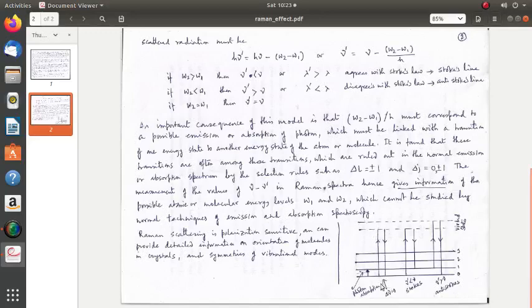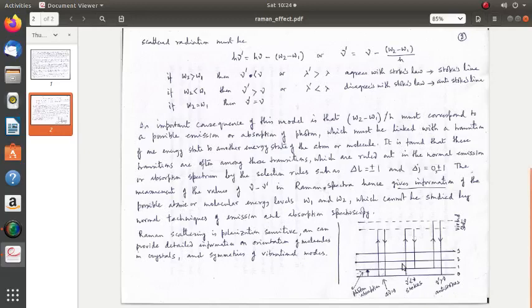So here nothing happens to the state of the atom, and the emission is of the same frequency as of the incident radiation. So delta nu equal to 0. Nothing happens to the atom. The atom jumps temporarily to a virtual state and comes back to the same state. So by absorbing the photon, the atom does not change its energy state. That means the scattered radiation will have the same frequency as that of the incident radiation.